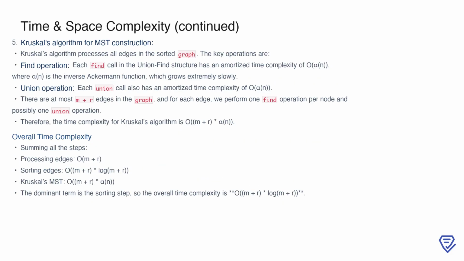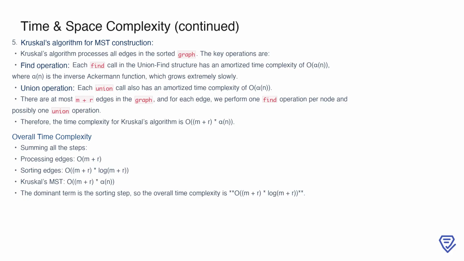Now let's examine the time complexity of using Kruskal's algorithm to construct the minimum spanning tree, MST. Kruskal's algorithm processes all the edges in the sorted graph, which contains at most m plus r edges. The algorithm relies on the union-find data structure for two primary operations, find and union.